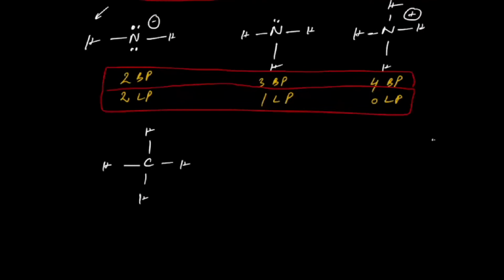Now it can either lose a proton, so it will leave this bond pair as lone pair and acquire a negative charge, or if instead of hydrogen there is some atom like chlorine attached, when it leaves, it will not leave the electrons behind, it will take away the electrons because it is more electronegative. For example, if chlorine was attached here and it leaves, it will take away the electrons and it will leave positive charge, and there is no lone pair here.